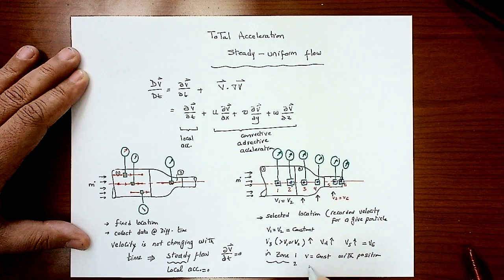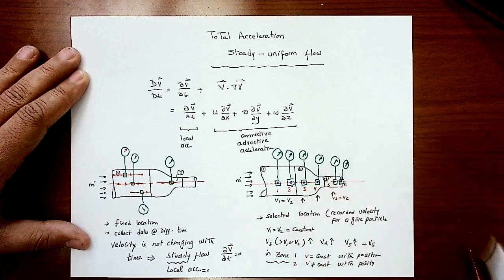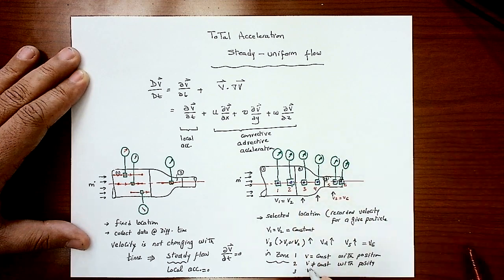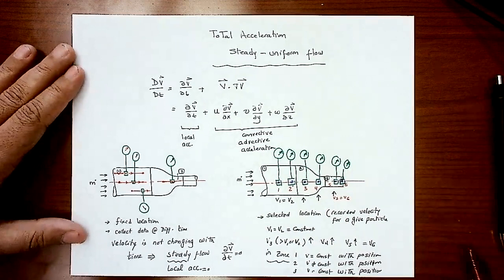While in zone 2, velocity is not constant with the position. And if I go for zone 3, I'm back to velocity again constant with position. The magnitude is totally different from one zone to the other, but within the zone itself, the velocity may change or be constant.